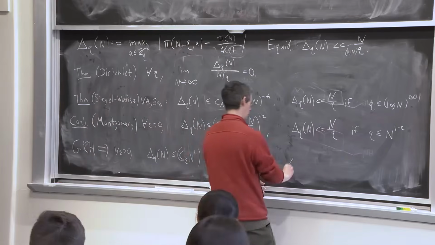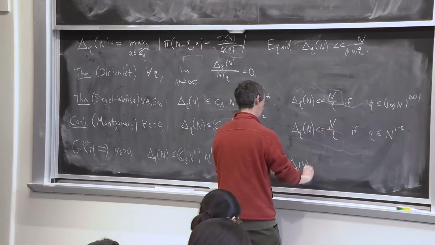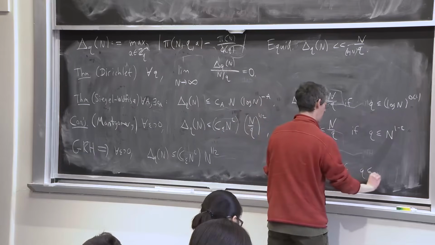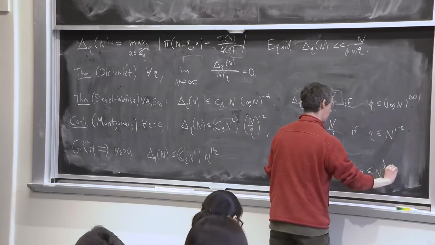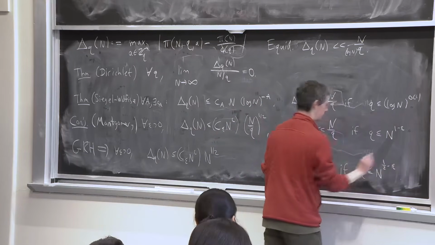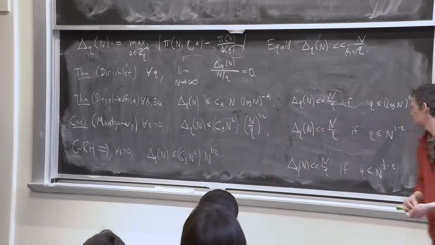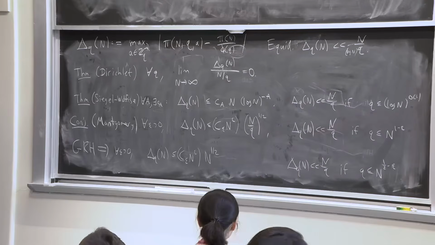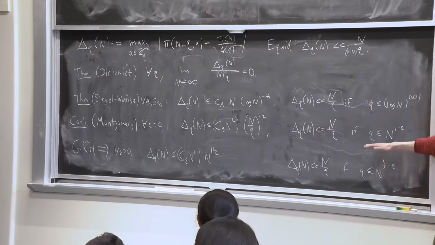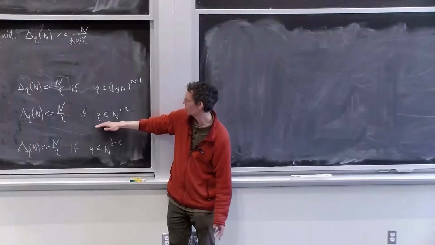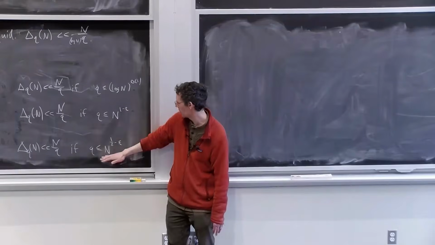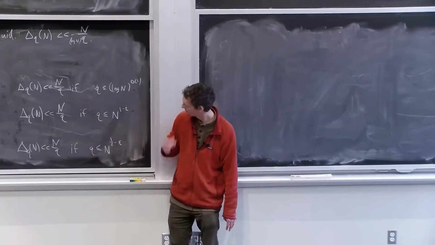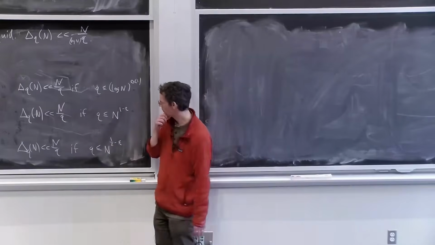And that's good enough to imply that we get some amount of equidistribution if q is smaller than n to the 1/2 minus epsilon. OK. So it gives some idea of how difficult this conjecture is, that even with the Riemann hypothesis, we're only halfway there.